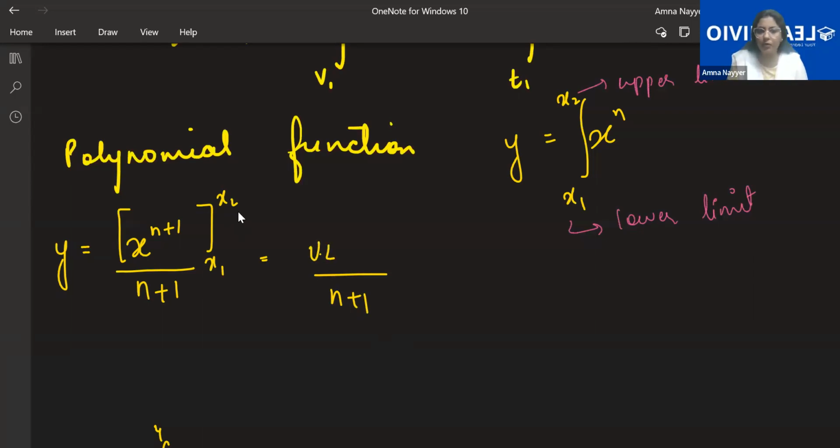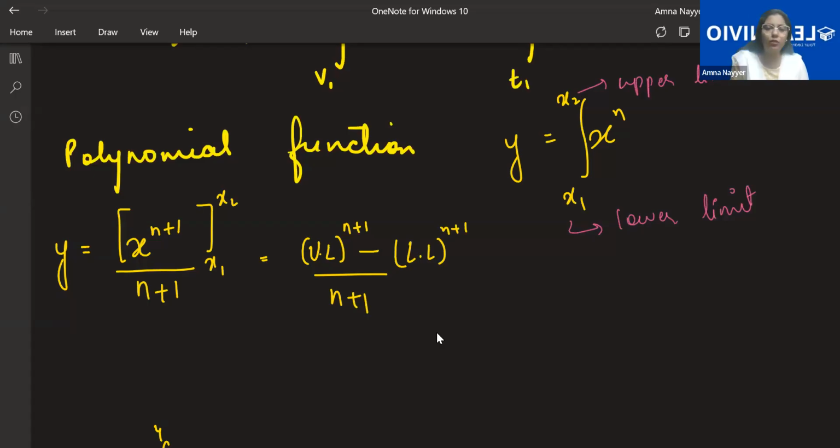I'm writing upper limit only, then I'll put x2. Upper limit, to the power n plus 1. Means you're just removing the x and sliding your x2 in first. Then you put a negative sign and subtract the lower limit to the same power. That's it. This is done.